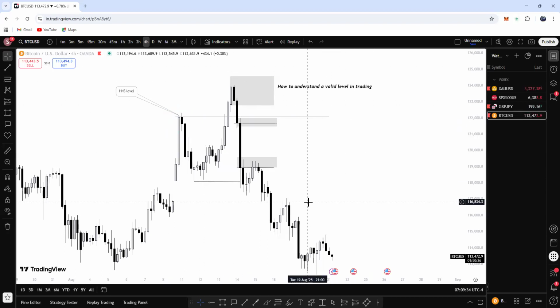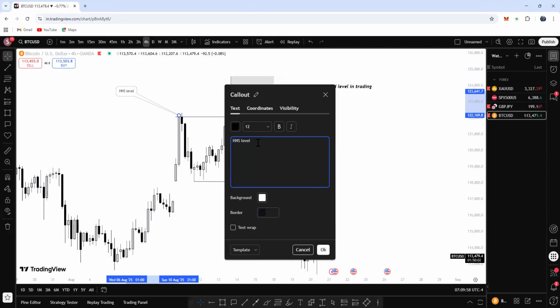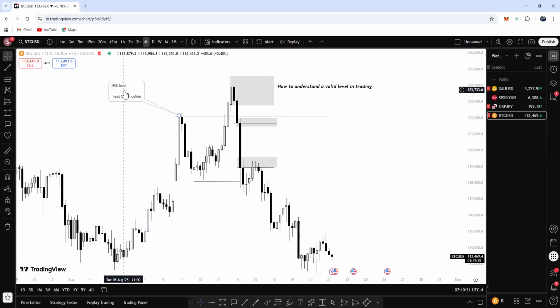The right one you should always wait for. HNS means head and shoulder.